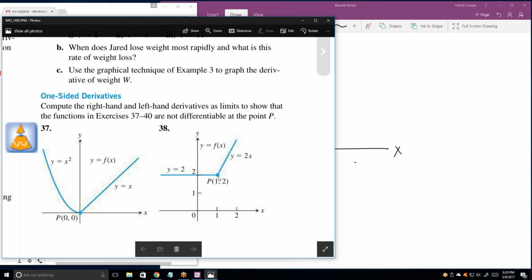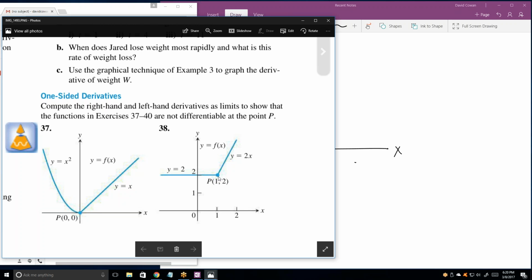What's the derivative from the right? That's a good question because it's like slanted. What's the equation of that line? y equals 2x. What's the 2? That's m. In other words, it's in y equals mx plus b format.